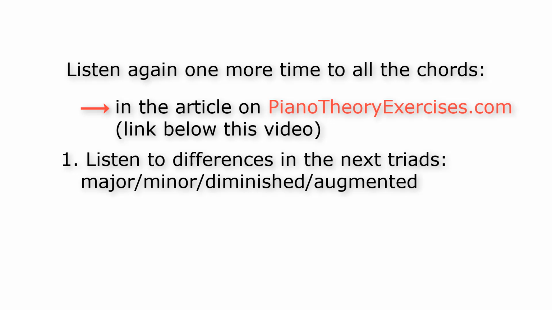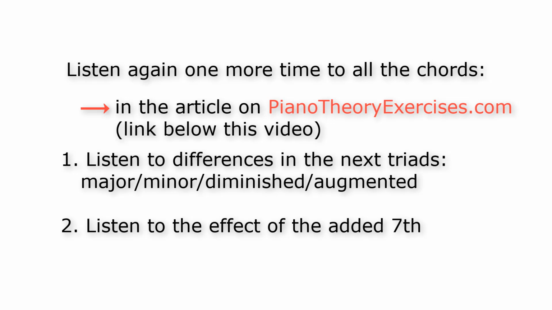And after the triads, it would be good to see what the effect is when a seventh is added to the triads. So for example, listen first to a major triad and then listen to a dominant chord or a major seventh chord, just to see what the effect is of an added seventh. In the first case, it's an added minor seventh. In the second case, it's an added major seventh.